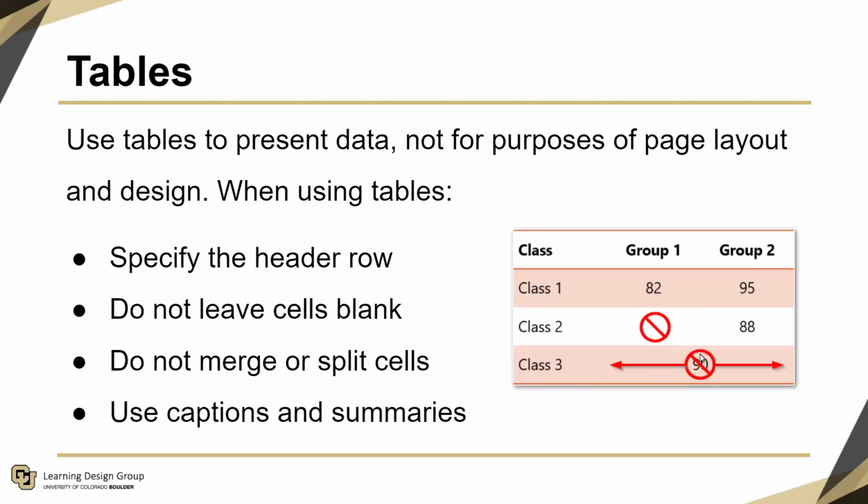And it actually might just assign it to group two, not giving any information to group one, or actually skipping this row entirely. So it creates a lot of confusion for the assistive technology. Hopefully, someday screen readers are going to be a little bit smarter, and they will be able to identify these issues.